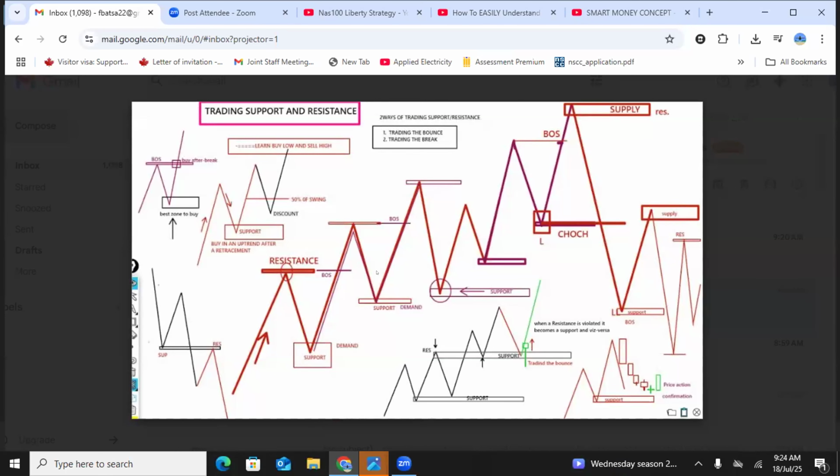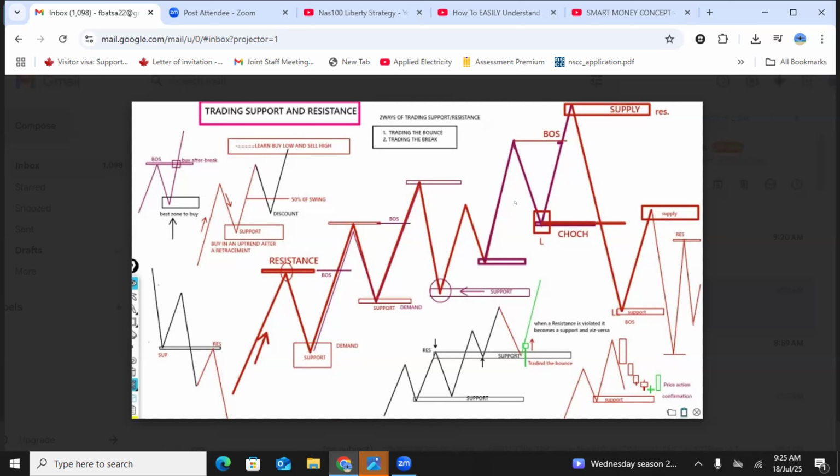Then it goes up again, breaking the first structure and creating another resistance over here, meaning the structure is broken again. So we call it a break of structure. This tells us that the market is going up. So it is becoming bullish. Are we getting it?